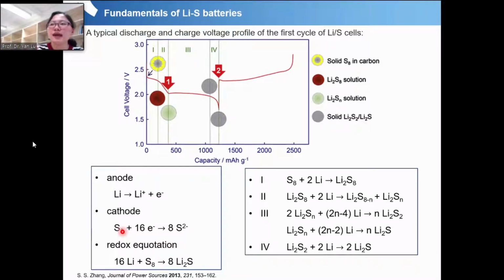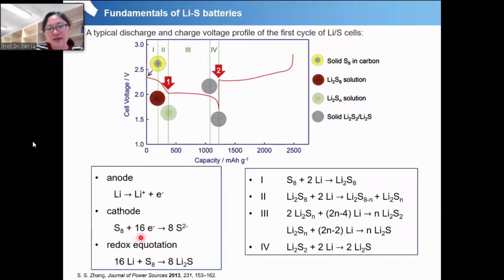Sulfur is a kind of molecule. So you have a kind of ring structure with 8 sulfur atoms. As a stable state, when you have S8, you always have a ring structure of sulfur.